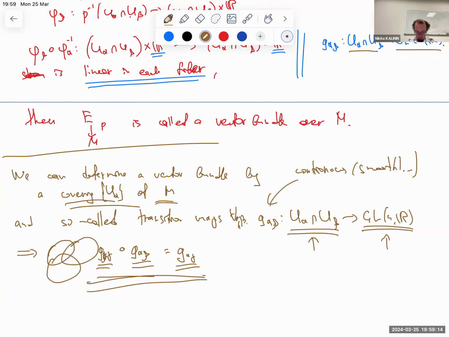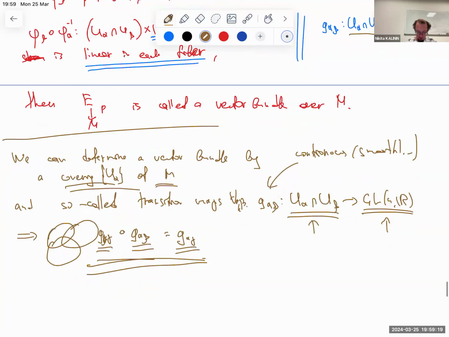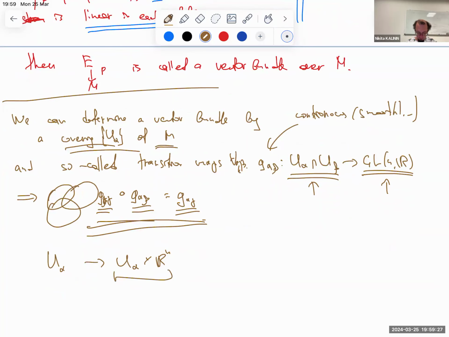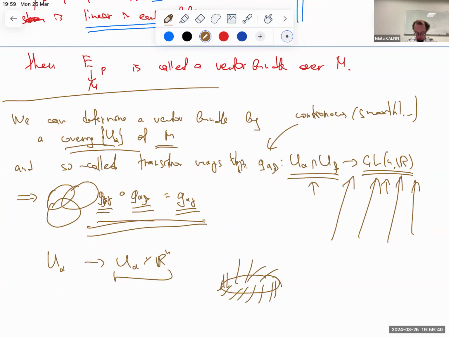And then how do you define the vector bundle using this data? Well, just for every U alpha, you consider U alpha cross Rn, and then you glue these copies U alpha cross Rn using these gluing maps, transition maps. So, for example, you have a circle and you can have a Möbius band on it. That will be a vector bundle.